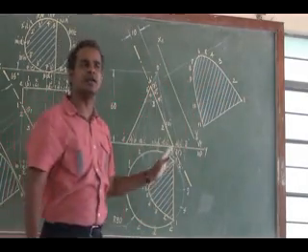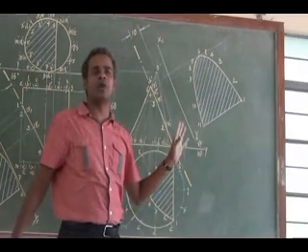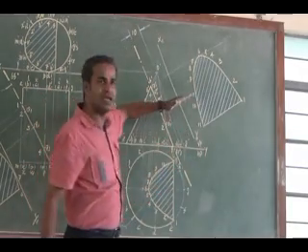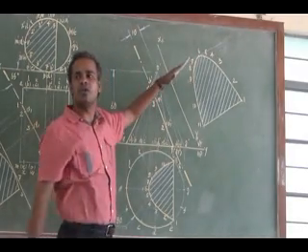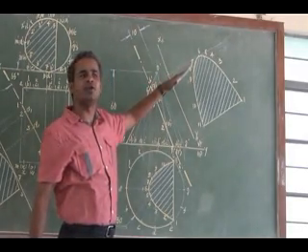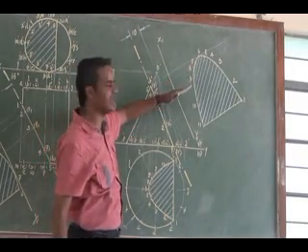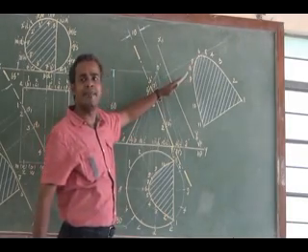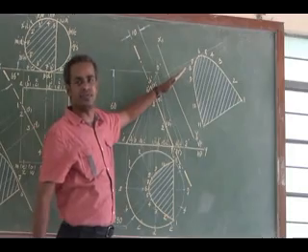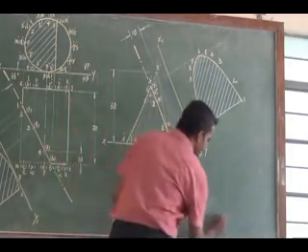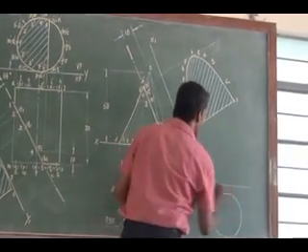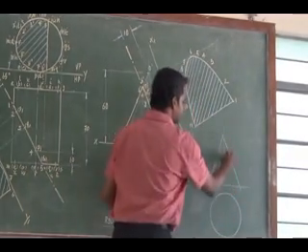Right. Similarly, in cones you may get a problem where the cone is cut inclined to its axis. What kind of true shape will you get? If I cut a cone inclined to its axis, I will get an ellipse. You already know the axis is here.